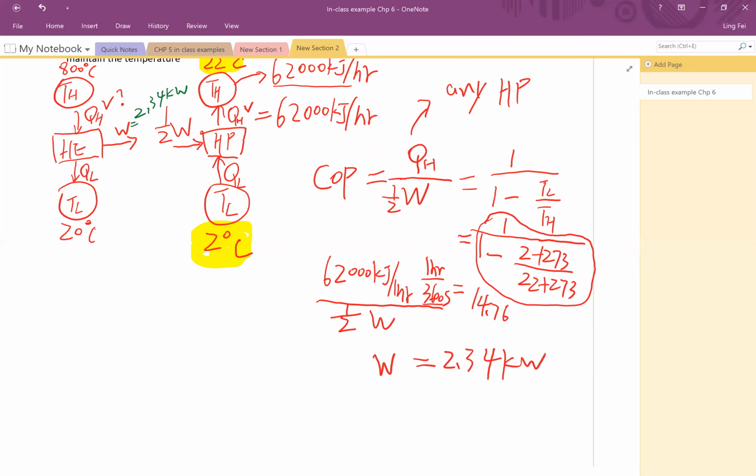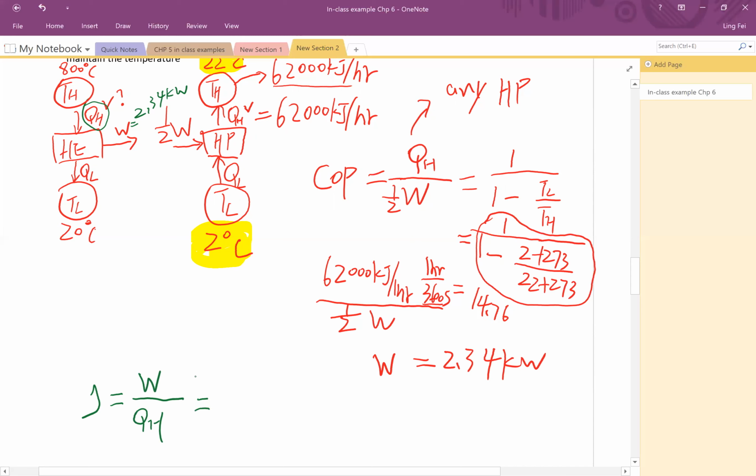So we want to calculate the QH. Again, for the heat engine, your efficiency is the desired quantity, its work output, divided by input QH. This is desired, and we already know the work.